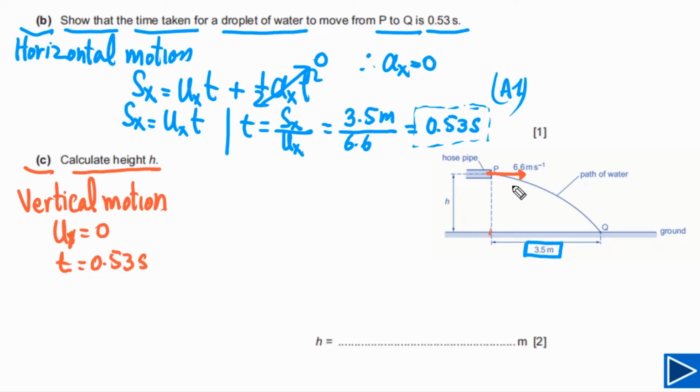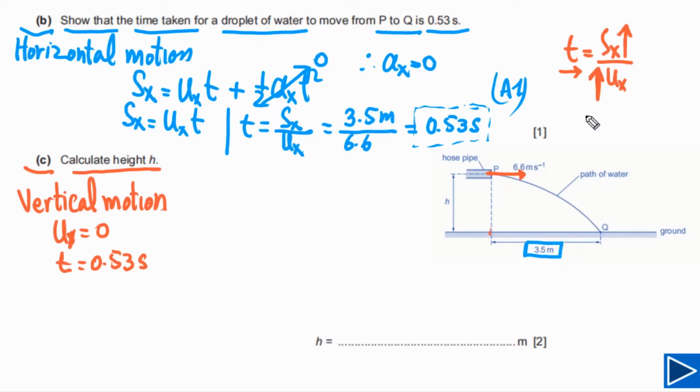You also need to understand time taken depends on height. Time taken does not depend on horizontal displacement. Let's try to understand this with this equation. Time taken for horizontal motion is equal to Sx over Ux. If we increase the initial horizontal velocity, horizontal displacement will increase, but time will stay the same if there is no air resistance.